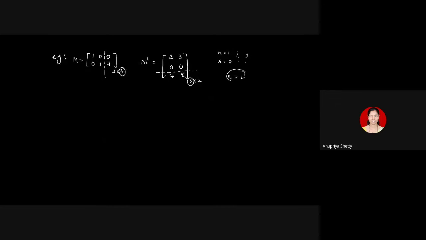So our A is 1 0 0 1, the first block, and the second block is 0 7. And the first block of M dash, A dash, is 2 3 0 0, and B dash is 4 8, a 1 by 2 matrix.